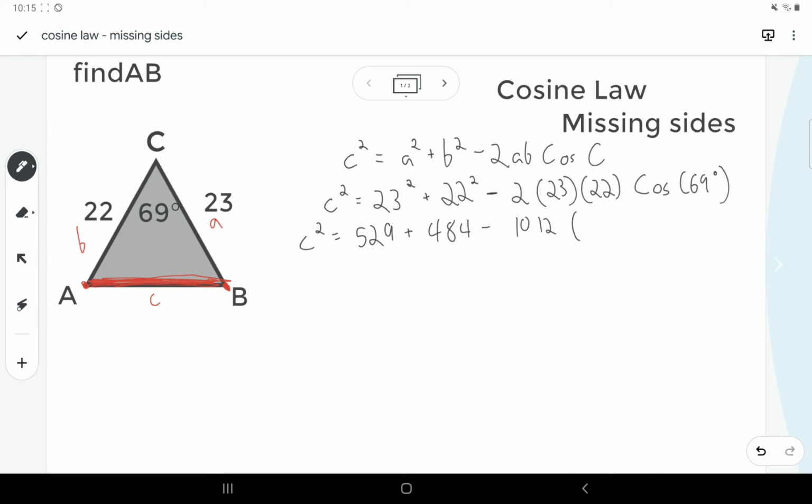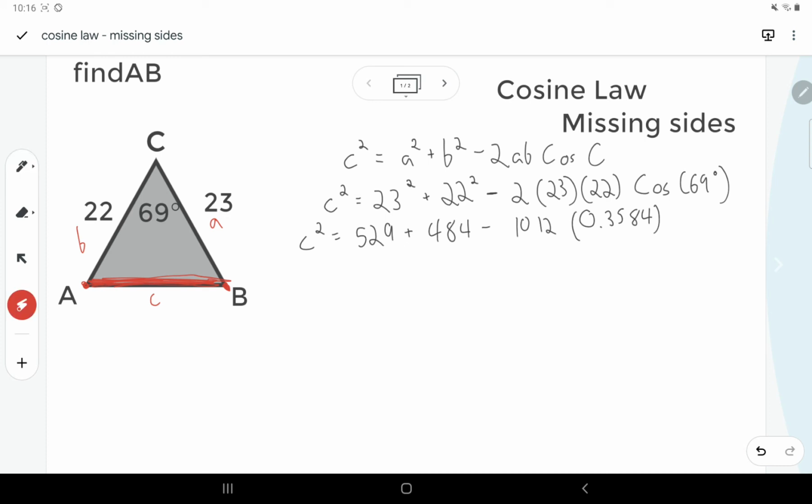If you find a number that's above 1, or a number that you don't know if it makes sense, make sure that your calculator is in degree mode. Okay, so we'll just keep 4 decimal places here. It gives us 0.3584, just rounding up that last one.